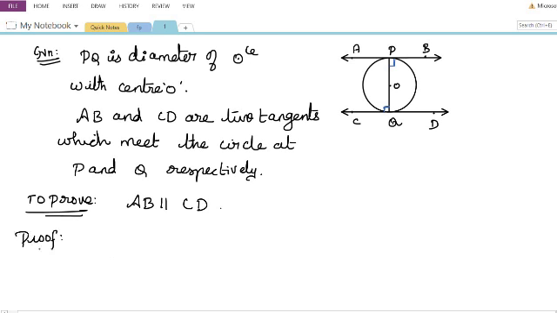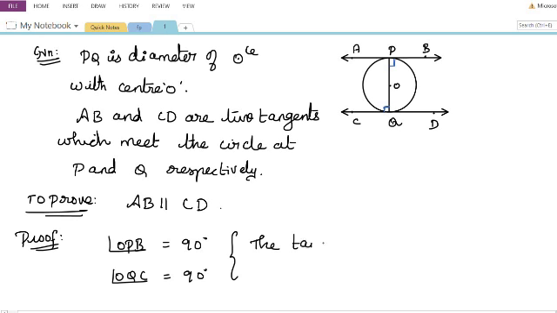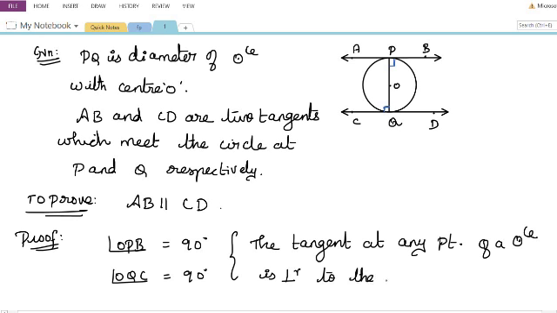Proof. Angle OPB equal to 90 degree and angle OQC equal to 90 degree. Why are these 2 equal to 90 degree? Because the tangent at any point of a circle is perpendicular, which means makes 90 degree, perpendicular to the radius through the point of contact.